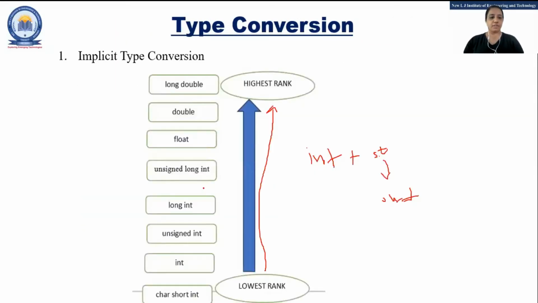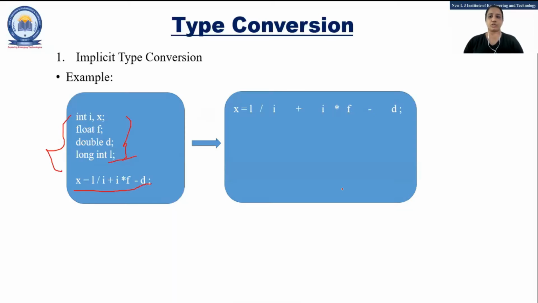So suppose I will be having this expression, L divided by I plus I into F minus D. According to the precedence, which is supposed to be done first? L divided by I. And why?